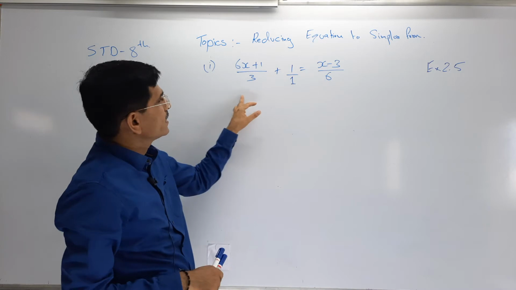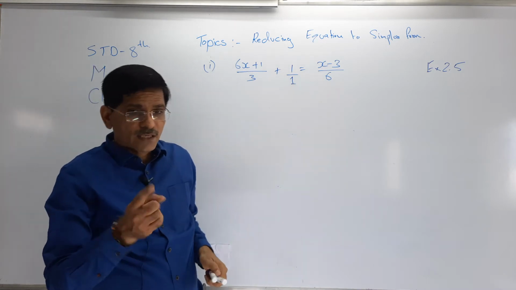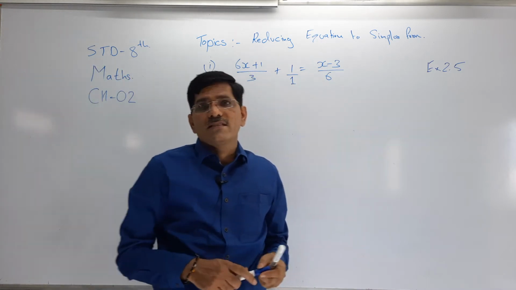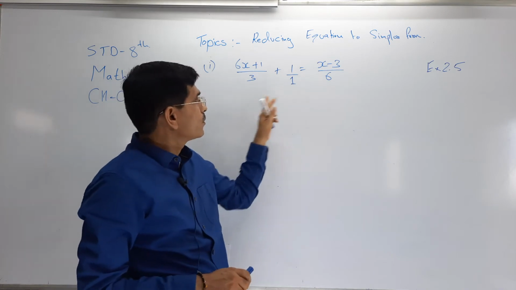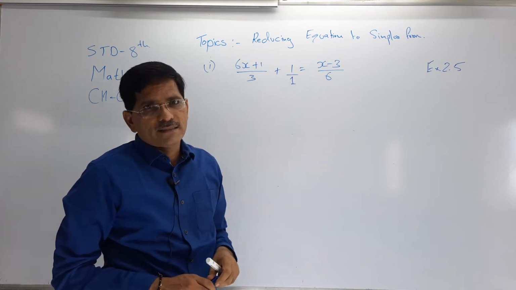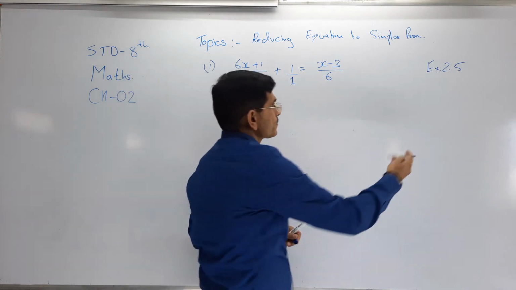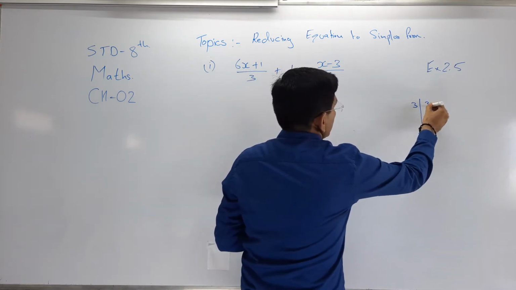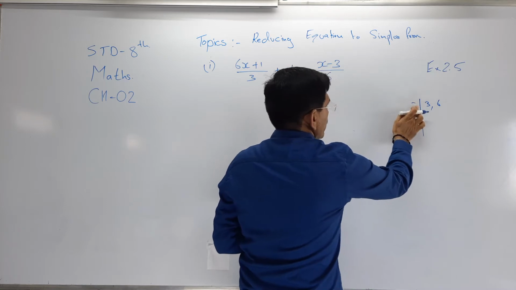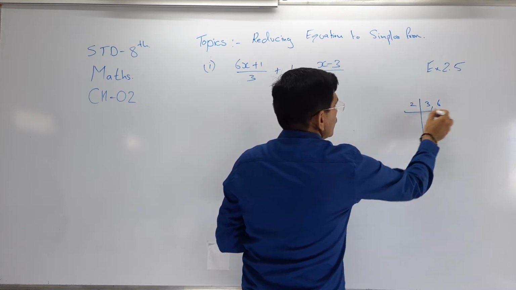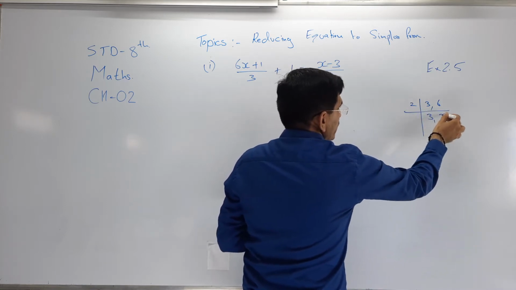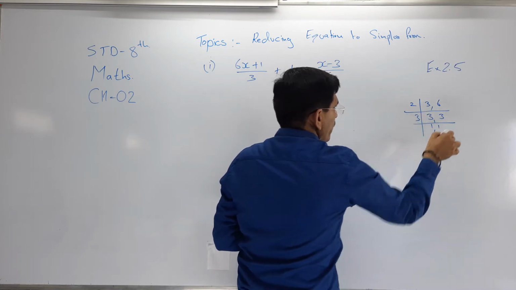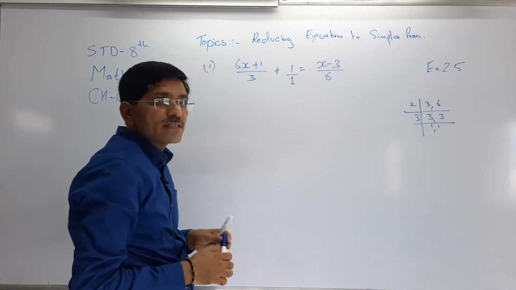Now if you see 3 and 6, in the last lecture we also learned how to find the LCM. The LCM is 6. How do we find the LCM? Here 3 comma 6. We start from 2. Here 3, here 3, again 3, 1 comma 1. So my LCM is 6.